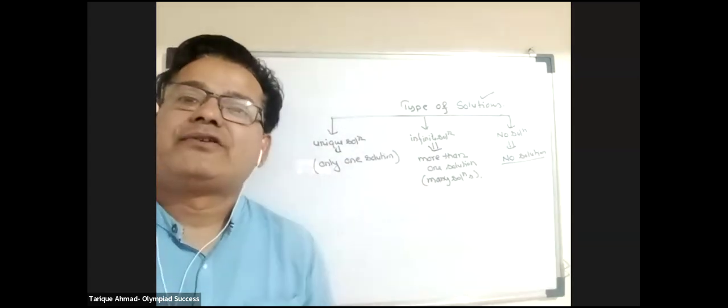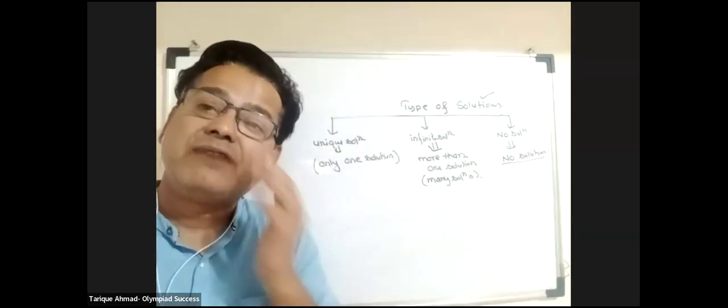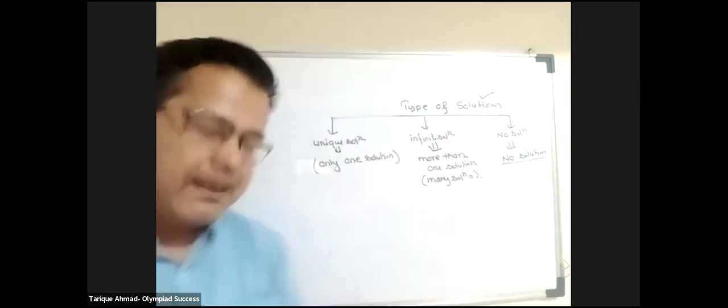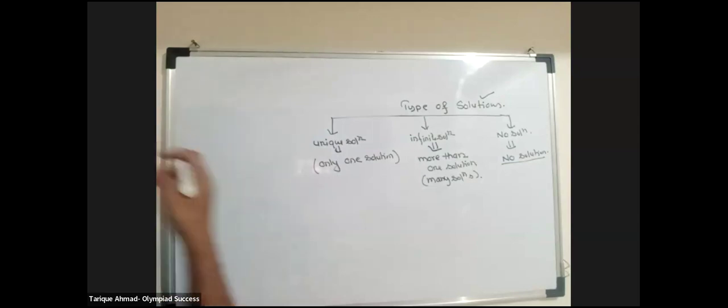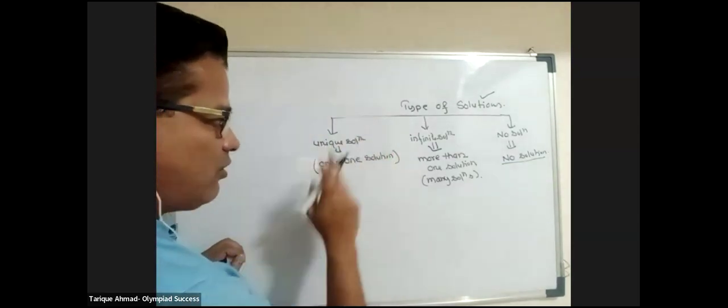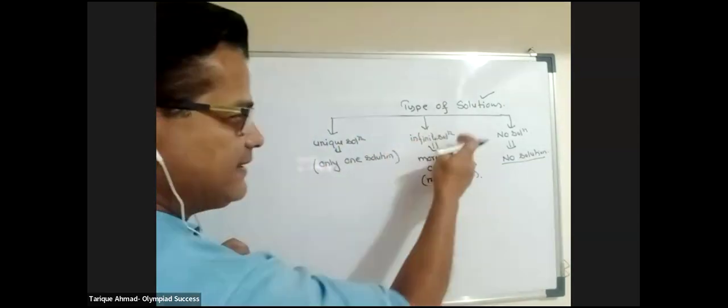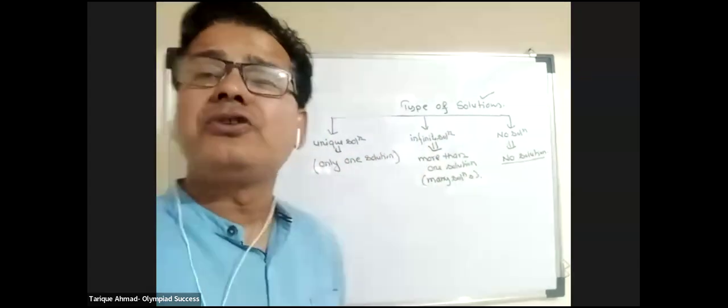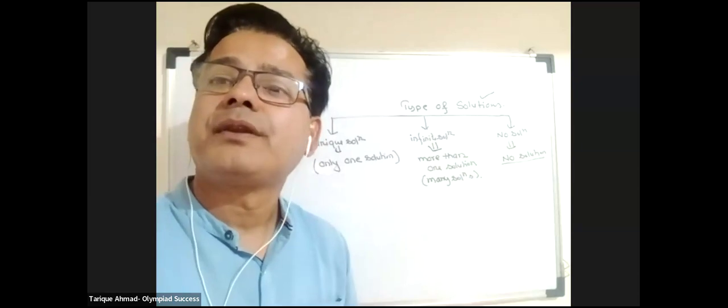Identities follow infinite solution. But here we will get two equations, right? I'm coming to the explanation later. So unique solution means only one solution. Infinite solution means more than one solution. And no solution means no solution.